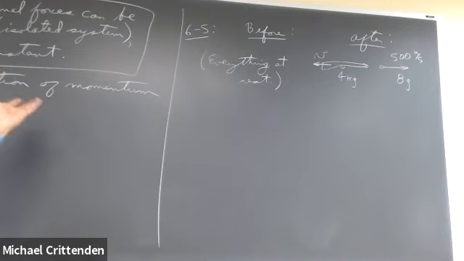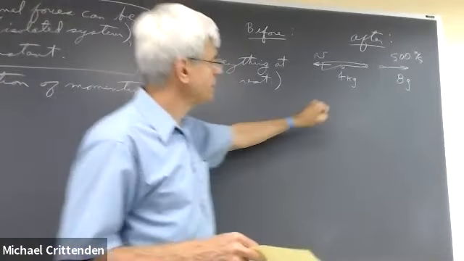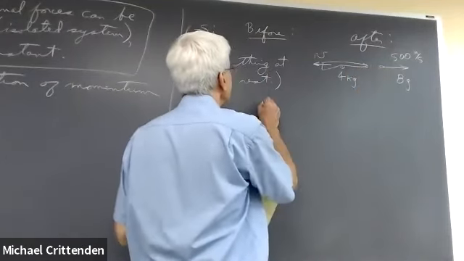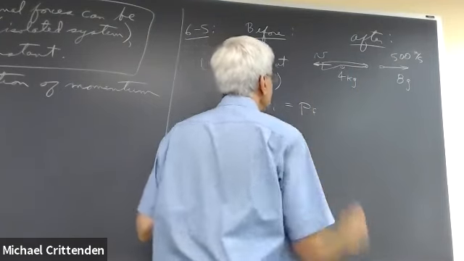So conservation of momentum means the total momentum in your before picture equals the total momentum in your after picture. P initial equals P final.